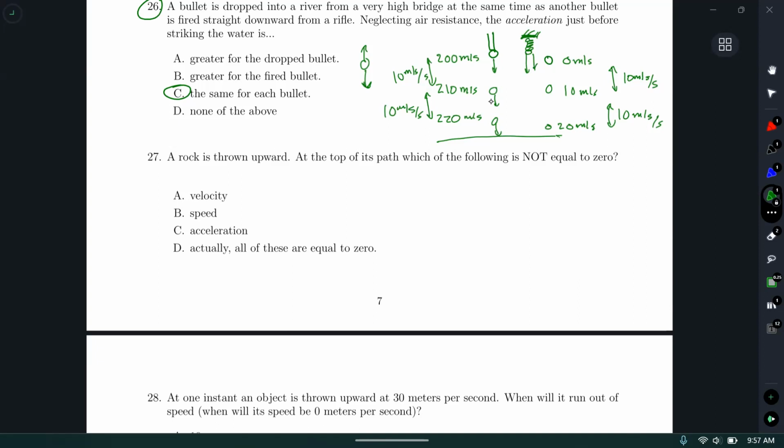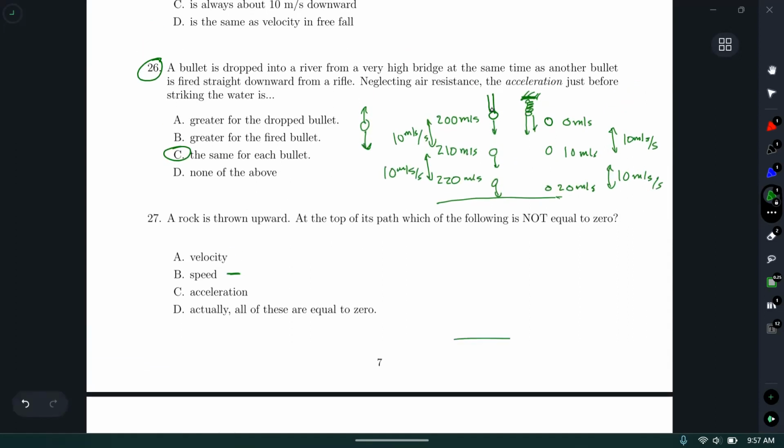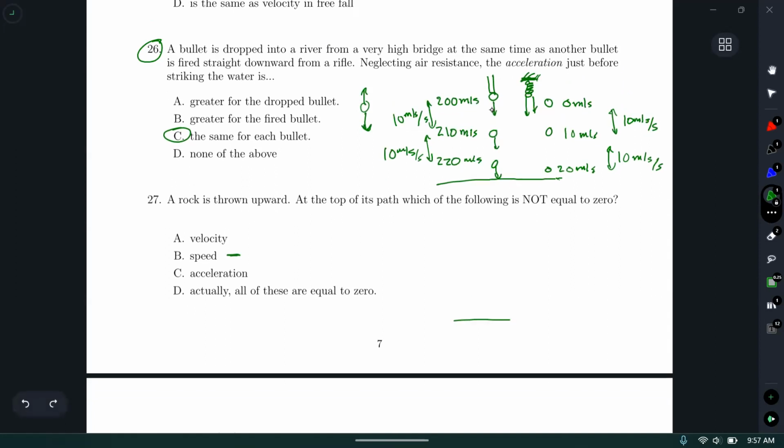Speed and acceleration. Speed is 0. I agree with that. I wouldn't agree with acceleration. I would agree that speed is the correct answer, but I wouldn't agree that acceleration is 0, I guess is what I'm trying to say.